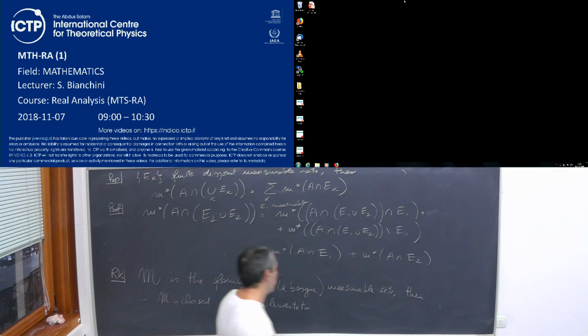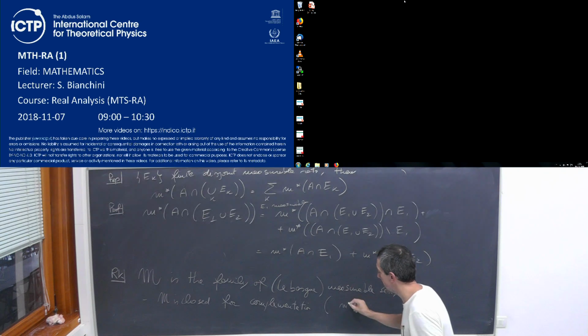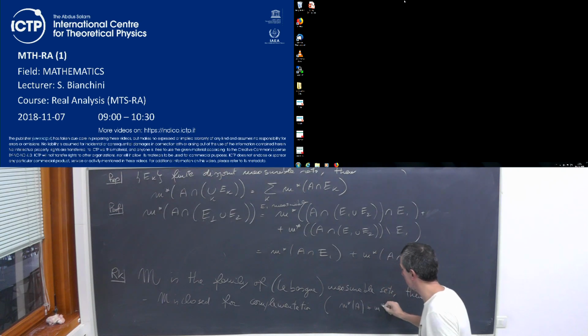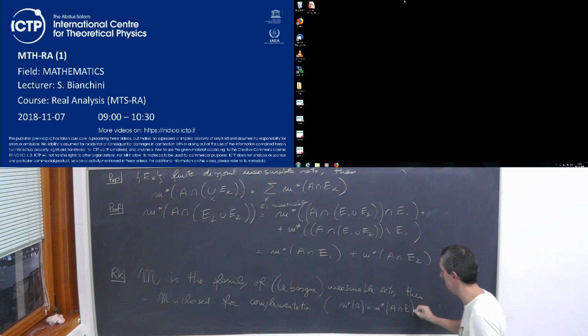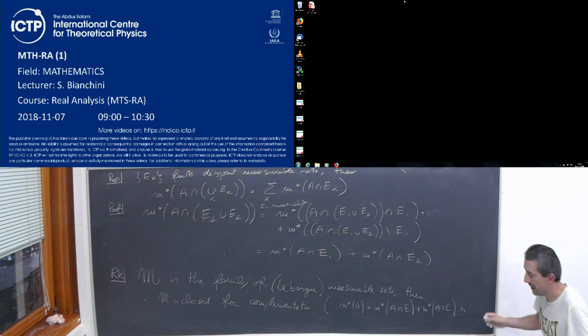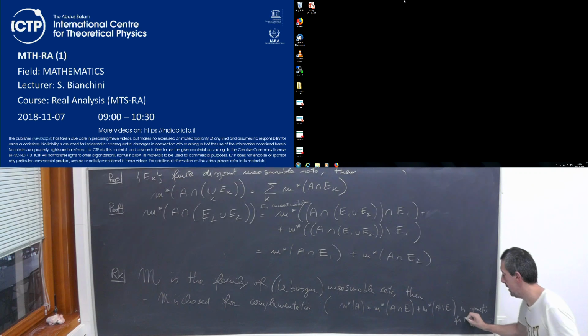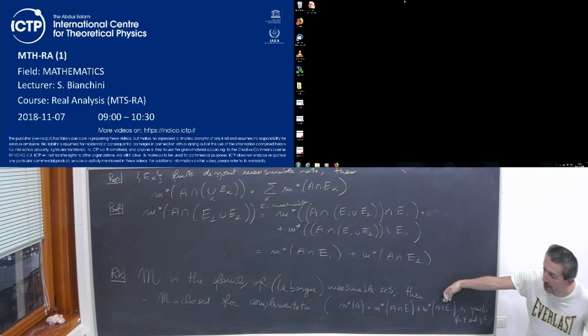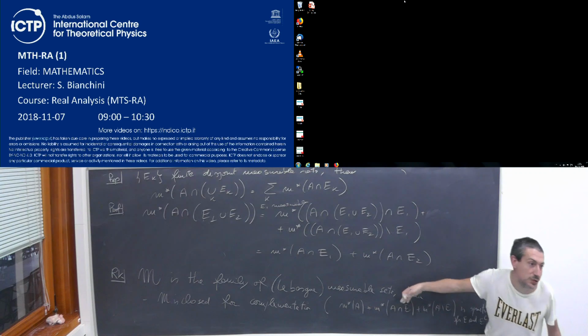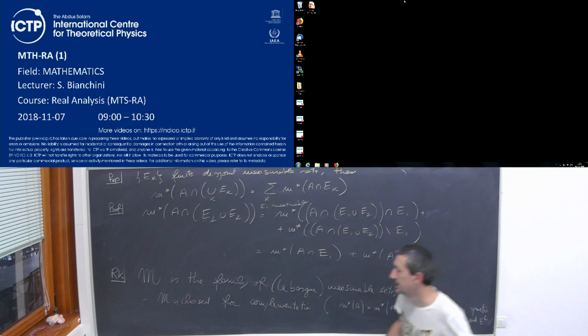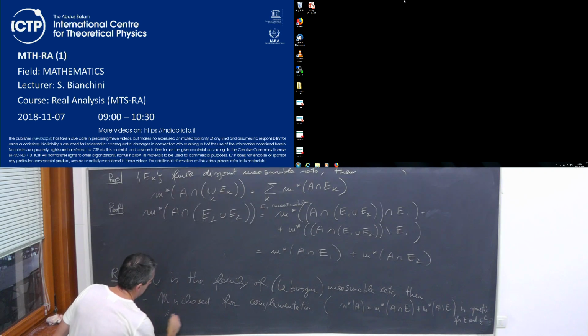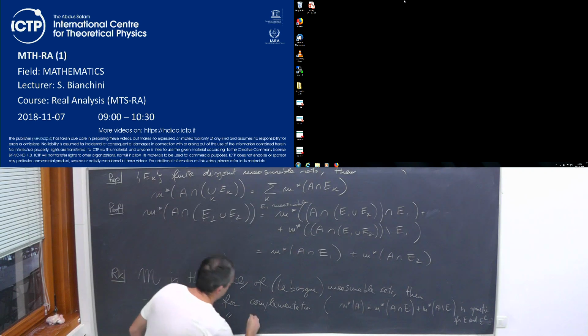And this we didn't prove, but actually M star of A equal to M star of A intersection E plus M star of A minus E is symmetric for E and the complement of E. Just because this will be the intersection with the complement, it is A minus the complement. Okay? And then we have that M is closed for countable union.